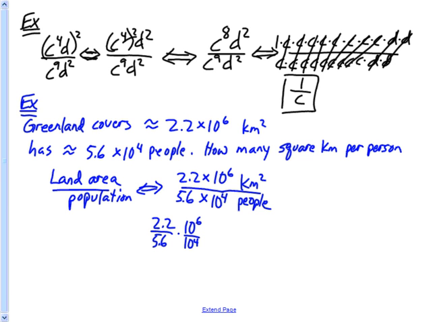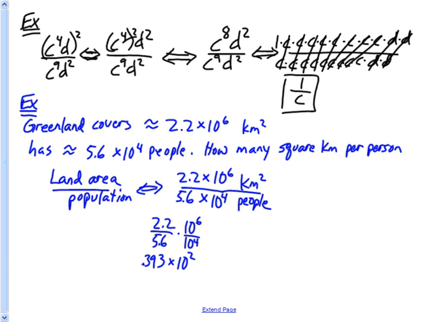So 2.2 divided by 5.6, let's see, that's 0.393. And then 10 to the 6th divided by 10 to the 4th, you got 6 tens on the top, 2 on the bottom, so it's 6 minus 4, you got 2 left. 10 squared on the top, right? So times 10 squared, there it is.